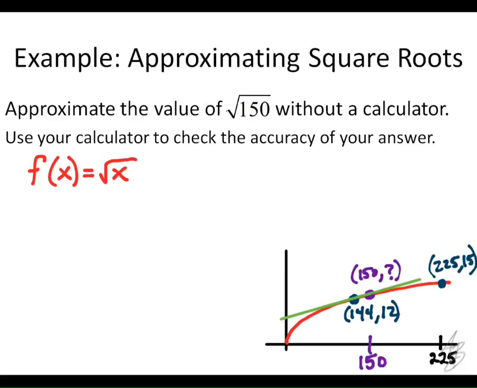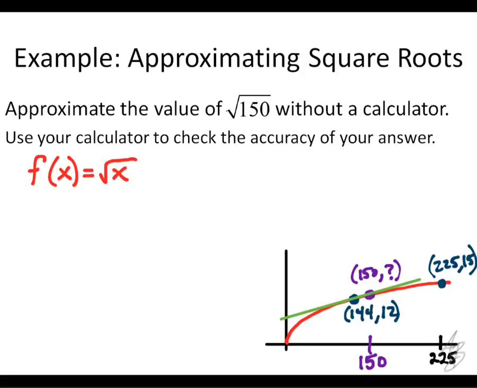Now, I wish I could zoom in here for you guys. But you can kind of see that this point here that we're looking for the y value of is essentially on that tangent line, isn't it? So what we're going to do to approximate the square root of 150 is we're going to figure out what the value of the line is at 150 rather than the value of the square root function.